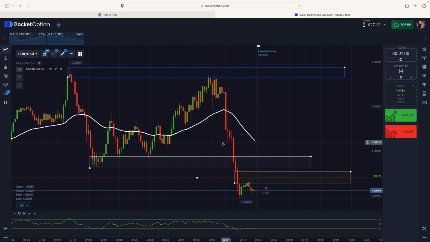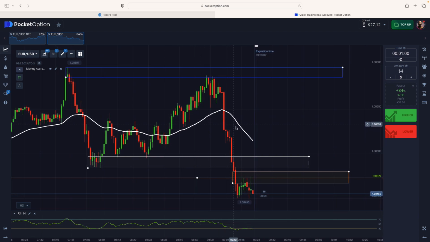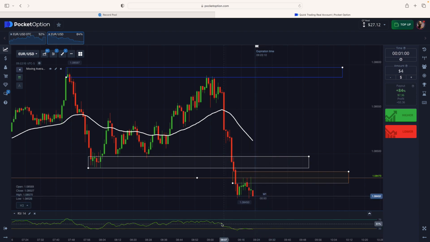But since it's a downtrend, by this 50 moving average, this is below it. And then this is below the 50 line right here. Okay, so this constitutes a downtrend. Then you get a lower low, lower high, lower low, lower high.